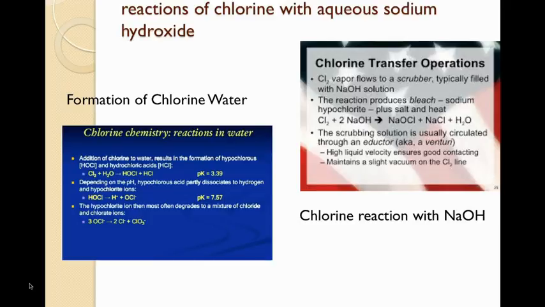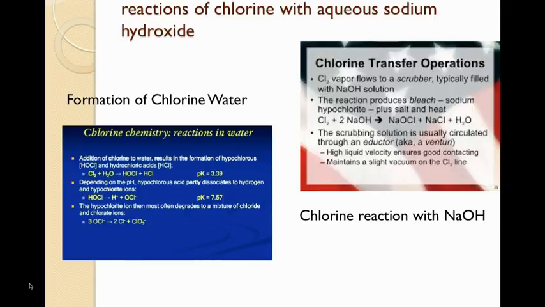Similar things happen when we add a base. When we add a base, we create NaOCl, bleach, plus salt, plus water. This can often be used with a reaction that would like to remove chlorine gas as a product.